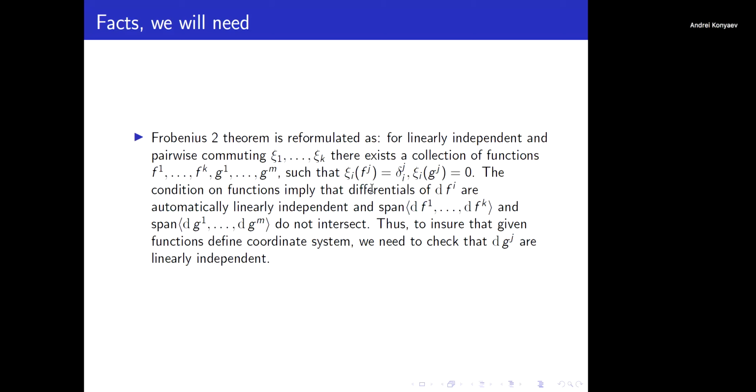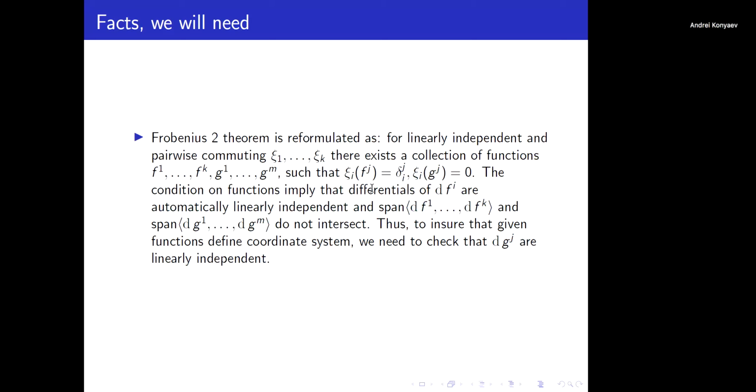It is 1 if those indices coincide. That is a very important formula, and we see that the rest of the functions, the g functions, are the common integrals. That means that they're constant along all of the integral trajectories of the xi's.